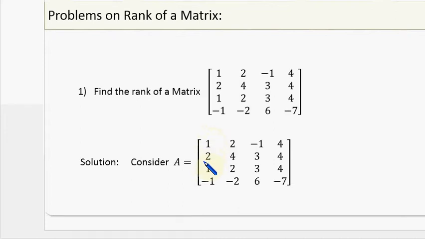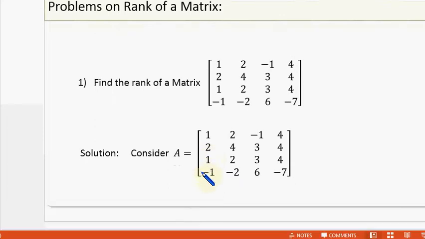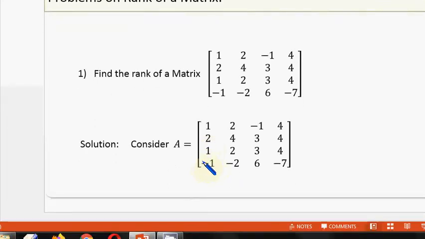Therefore R3 can be written as R3 minus R1. Similarly for R4, minus 1 is there, so we don't subtract, because minus is already there, that is R4 plus R1.